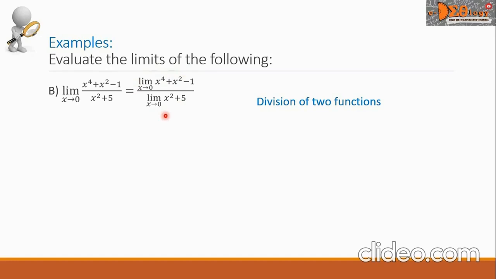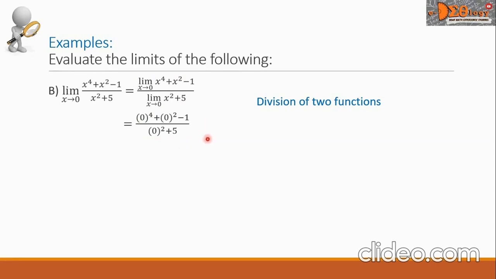Let us evaluate the numerator and denominator respectively. So we have now 0 raised to 4 plus 0 squared minus 1 for the numerator. In the denominator, we have 0 squared plus 5.